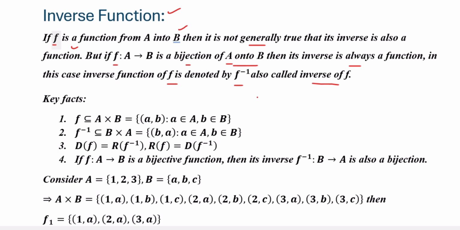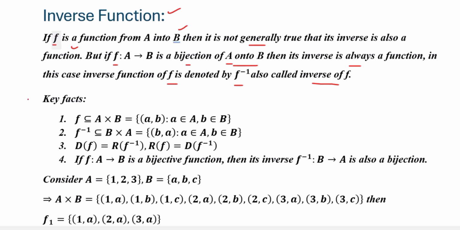But if your function is not bijective, if it is either simply a surjective function or an injective function, then in that case, its inverse is not a function. It shows just an inverse relation. We will prove this claim by some examples algebraically, graphically, and from the set theory.